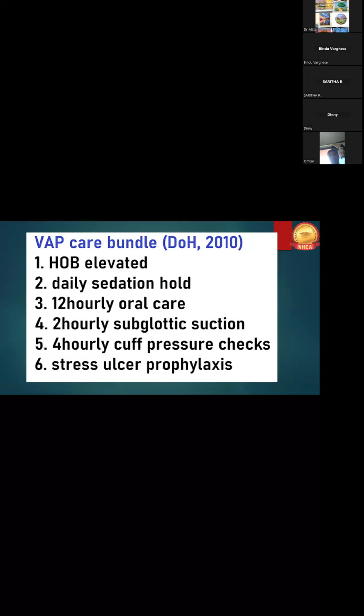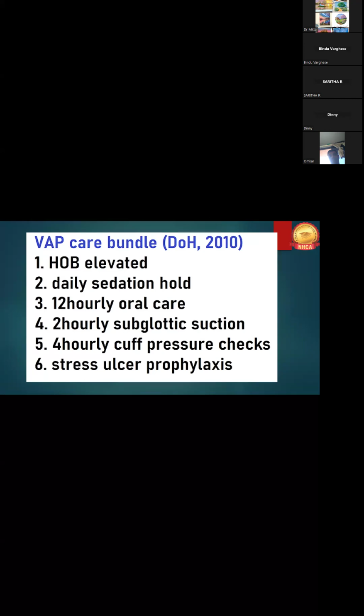Then, daily sedation hold, or it's called a sedation vacation. Whenever I go for training to other hospitals, some people are not aware of what a sedation vacation is. ICU people sometimes are aware of it, but in other places, the ones working in the wards are not. So what is a sedation holiday, or sedation vacation, or sedation hold? When the patient is on a ventilator and on sedation, the protocol is that the intensivist has to stop the sedation for some time to check whether the patient is tolerating the breathing.